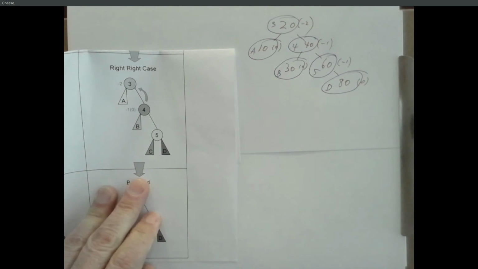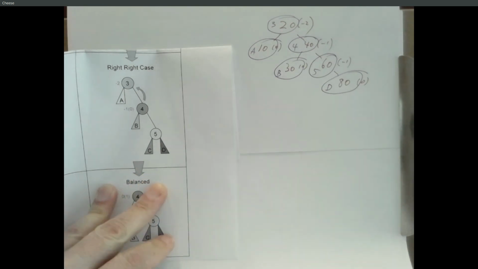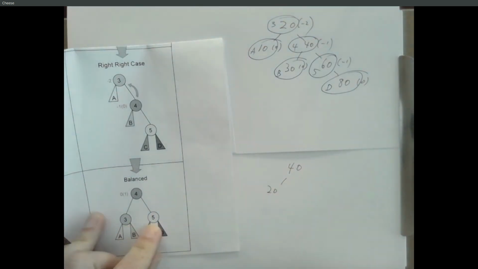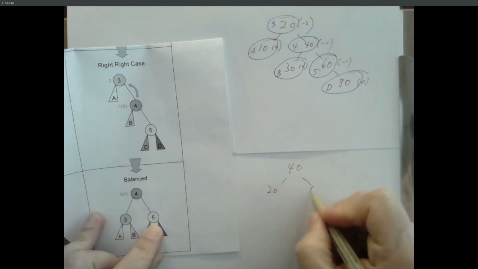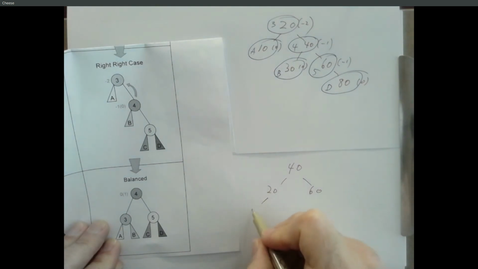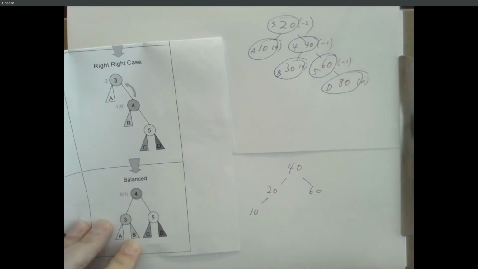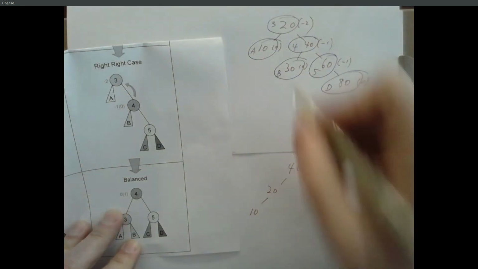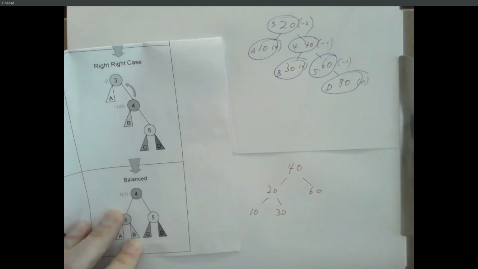And our algorithm says, take node 4, make that the root, so that's 40. Put node 3 on the left, that's 20. 5 stays on the right, that's 60. 3's left child is still subtree A. 3's right child is now subtree B, that's our 30.